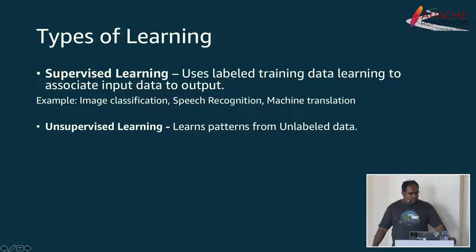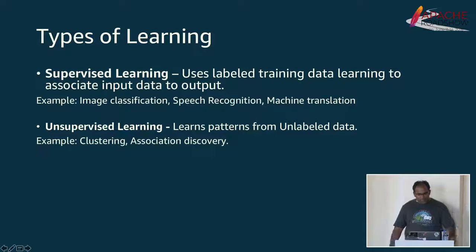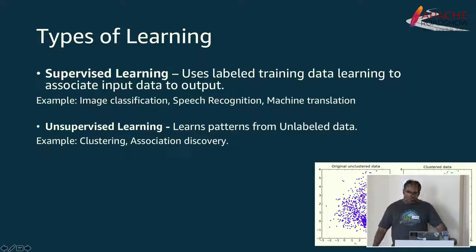And then another type of learning is unsupervised learning. Like I said, there's lots of data, but we want to find patterns in that data. We use unsupervised learning to do, for example, clustering and association discovery.